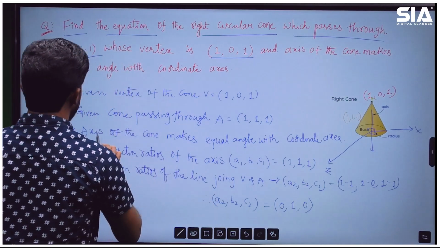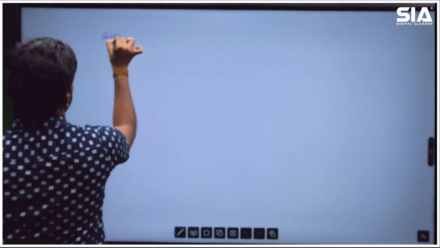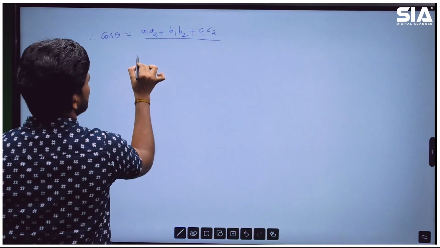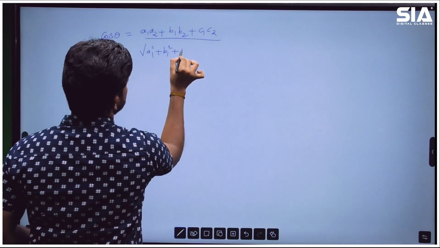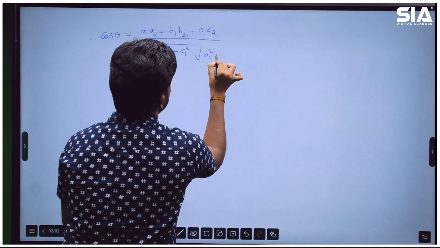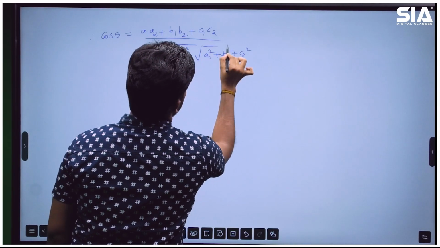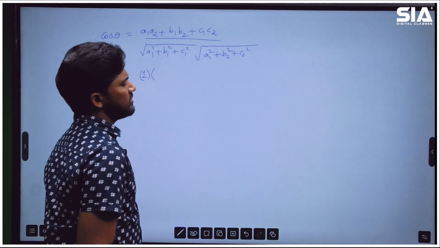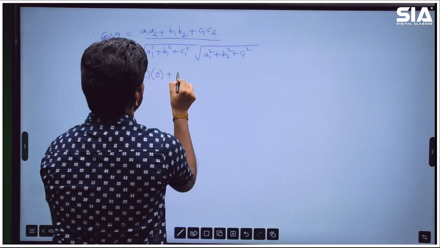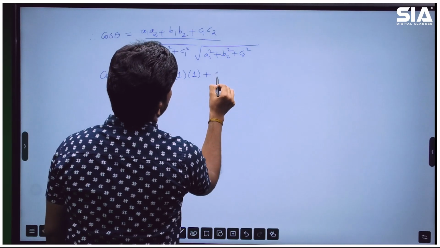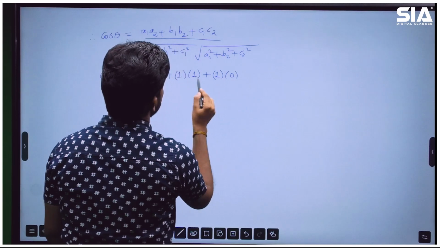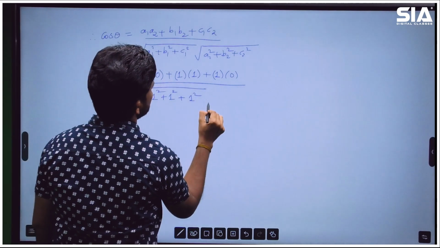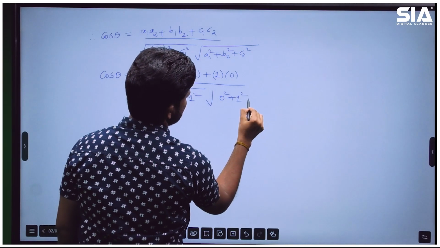You know very well, cos theta = (a1 a2 + b1 b2 + c1 c2) divided by (square root of a1 squared plus b1 squared plus c1 squared) times (square root of a2 squared plus b2 squared plus c2 squared). Substituting the values, a1, b1, c1 = 1, 1, 1 and a2, b2, c2 = 0, 1, 0: the numerator is 1 into 0 plus 1 into 1 plus 1 into 0, and the denominator is root of 1 squared plus 1 squared plus 1 squared times root of 0 squared plus 1 squared plus 0 squared.